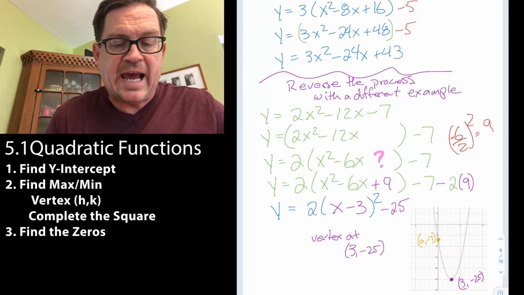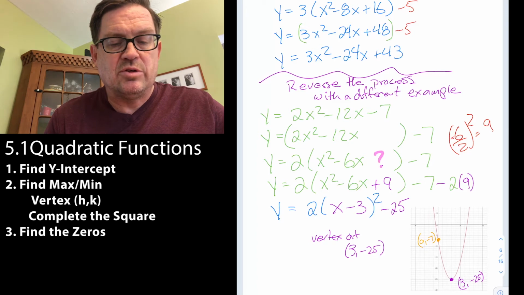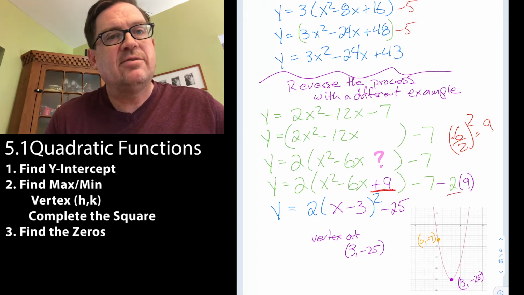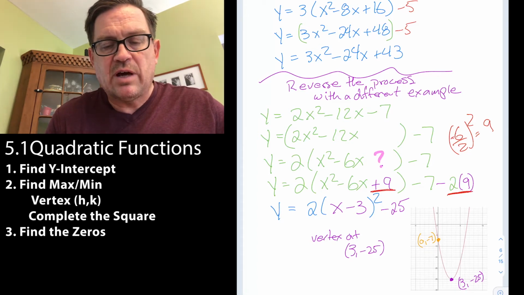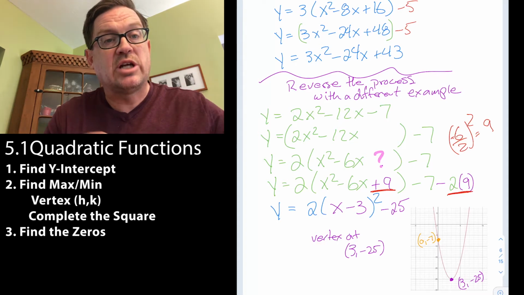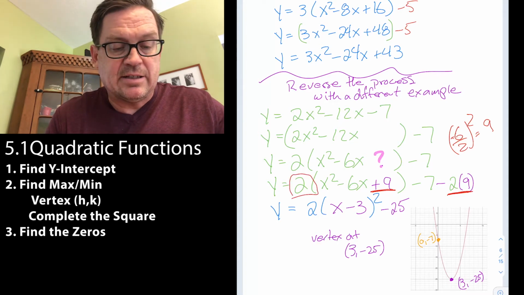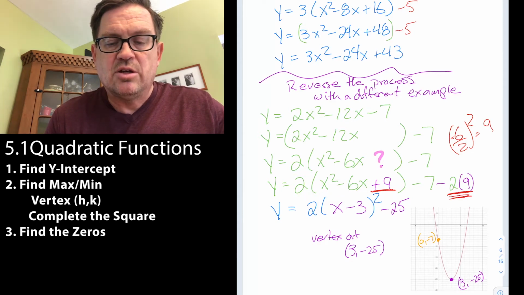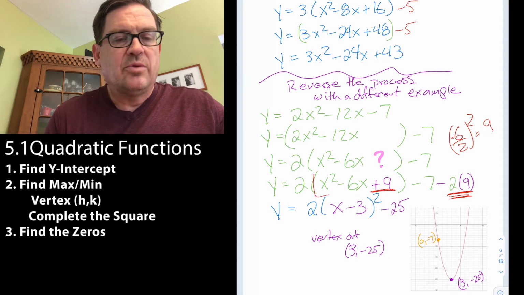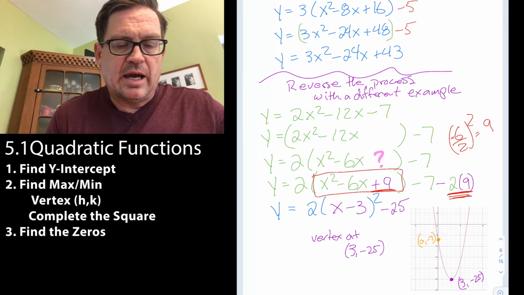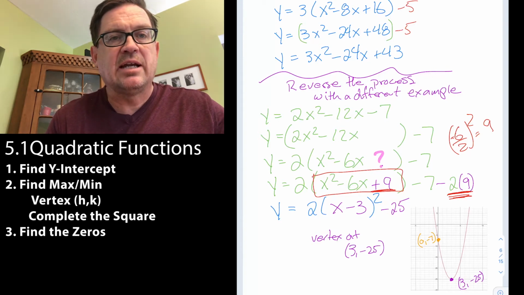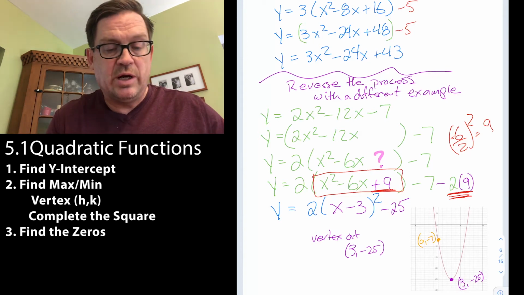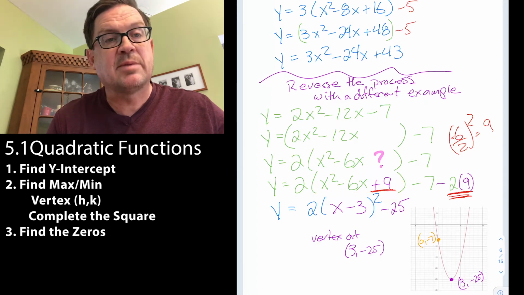So you always add that b over 2 squared there. And since you added it here, you've got to subtract it here, so you didn't change the equation. But technically, don't forget that 2. You added 2 times 9, so you've got to subtract 2 times 9 out here. And so when you do that, the nice thing is this x squared minus 6x plus 9, that 9 has completed the square, so you can factor that into x minus 3 squared.